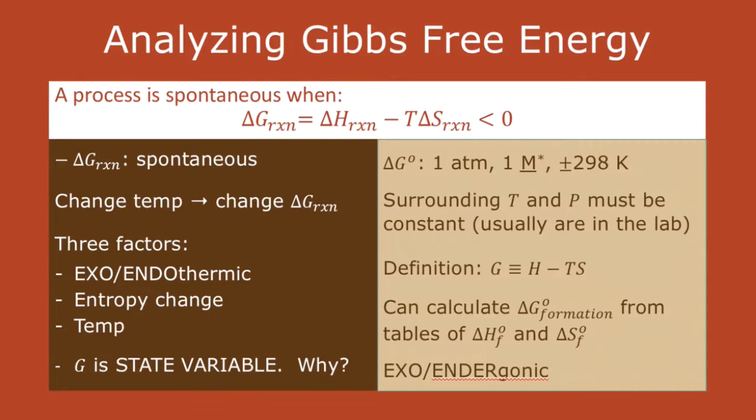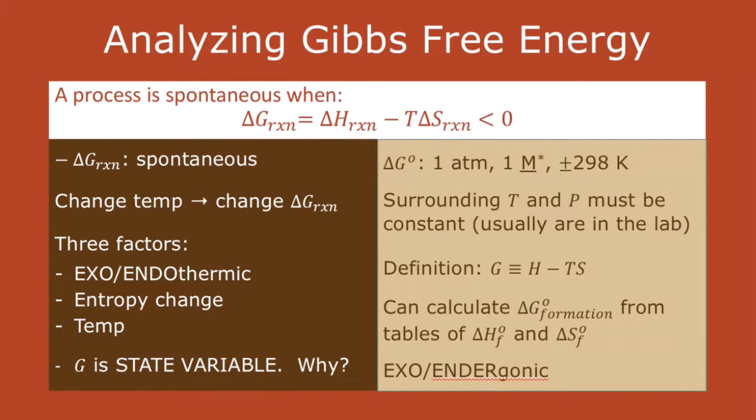Just like we have delta H naught and delta S naught, the standard enthalpy and the standard entropy, we have a delta G naught, and that is the standard Gibbs free energy. The conditions, just like before, are 1 atmosphere, 1 molar if it's a solution, and 298 degrees Kelvin. That is SATP.